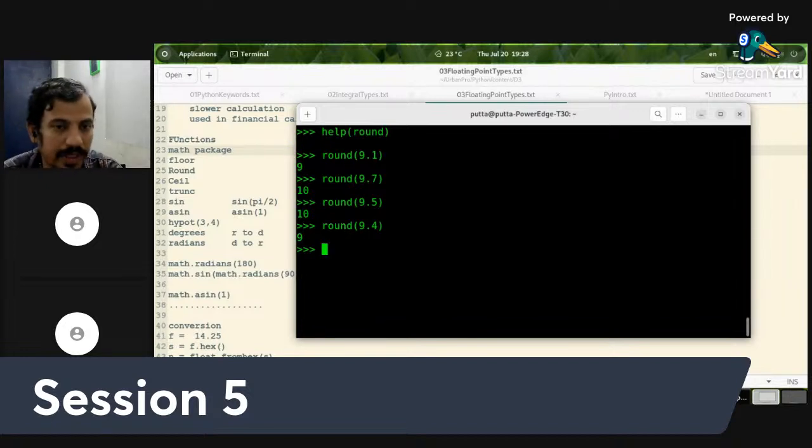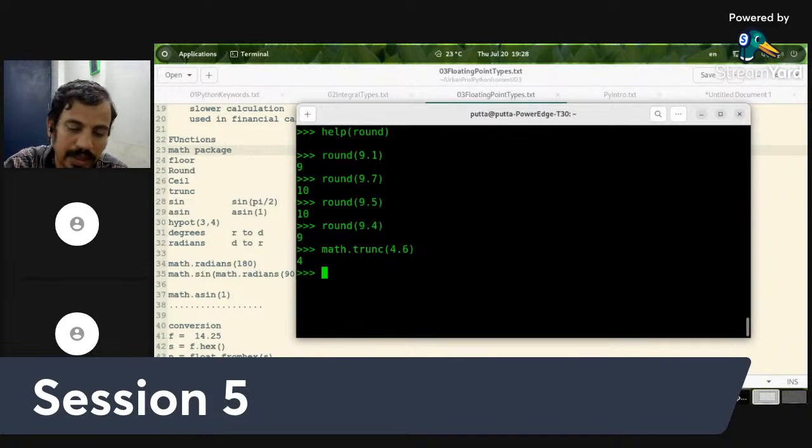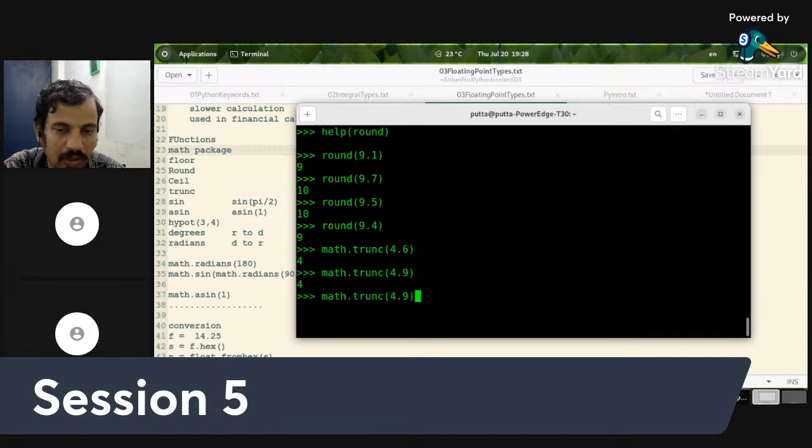Then we have truncate also. Math dot truncate of 4.6. So truncate simply removes the decimal part. Whether it is 4.6, 4.9 or 4.1, it is simply going to truncate.